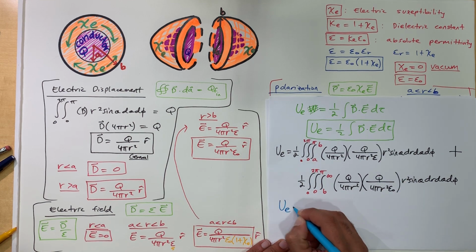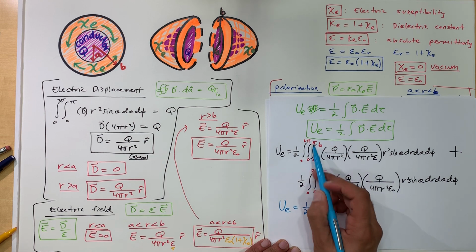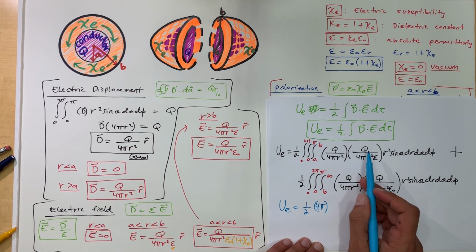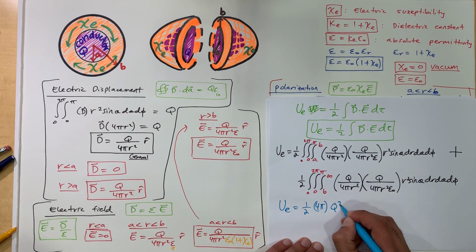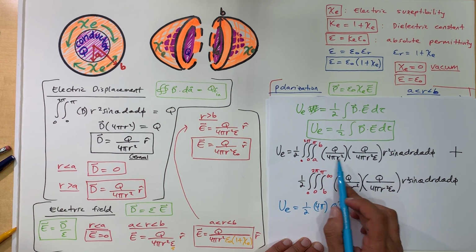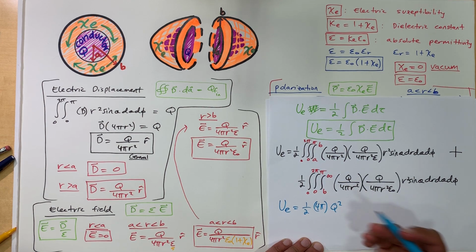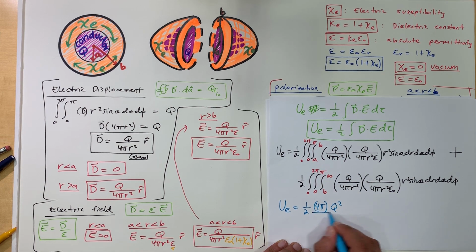So U_E, I'm gonna keep this 1/2 out front. I'm gonna evaluate the solid angle, which is 4 pi. I'm gonna take out the 2 Q's, they're squared, and I'm gonna take out these 4 pi's. So that's 16 pi squared.